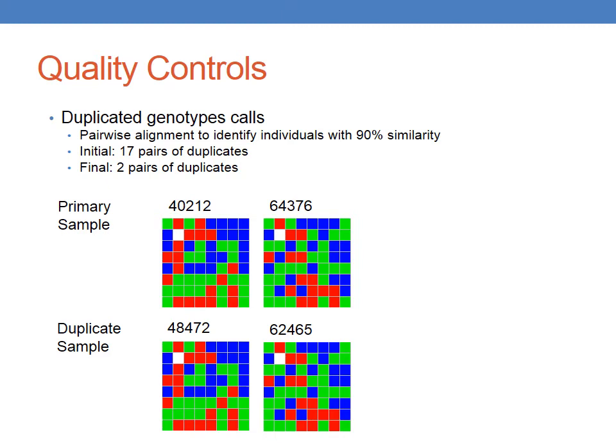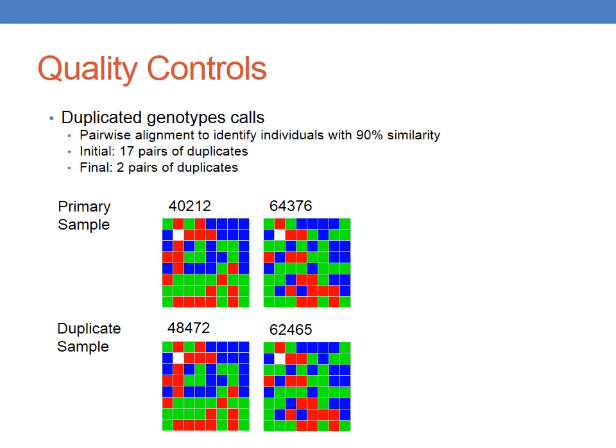So after I had genotyped these samples, I had to perform a number of quality control checks to ensure the quality of our data is robust and good to use. Initially I looked at identifying samples that had identical genotype calls between two samples, and this was to identify sources of pipetting error. To do this, I just performed a pairwise alignment to identify individuals with 90% similarity in their genotype calls.